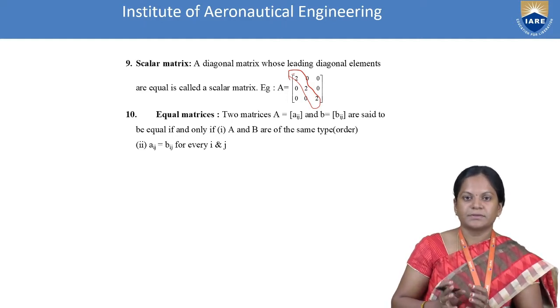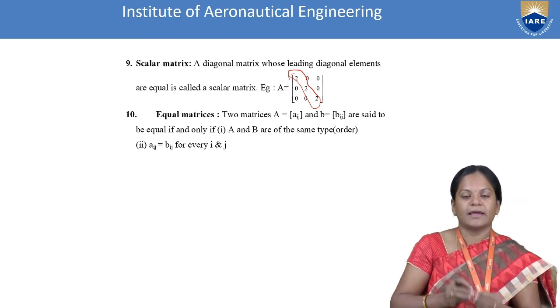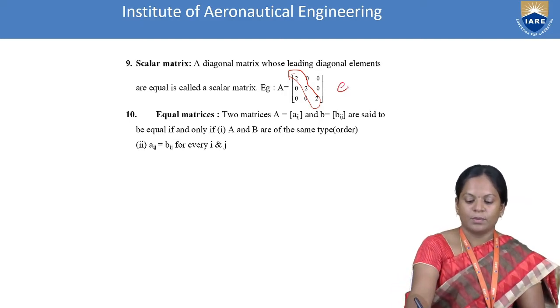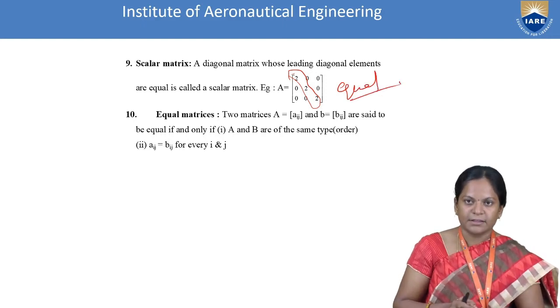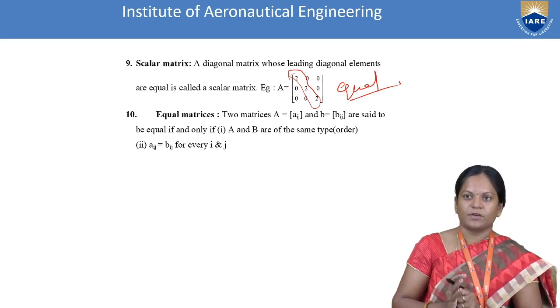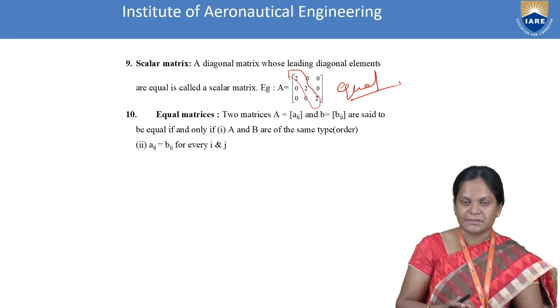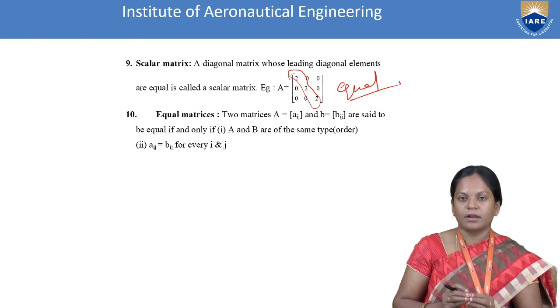A scalar matrix is a diagonal matrix whose leading diagonal elements are all equal. Definitely it is also a square matrix. If in a diagonal matrix all the diagonal elements are equal, then the matrix is said to be a scalar matrix.